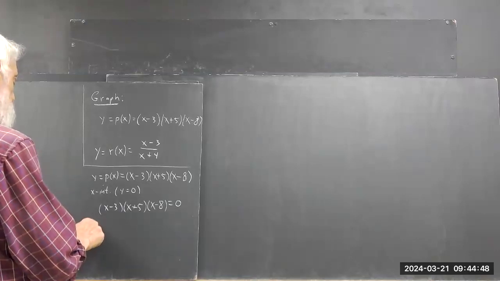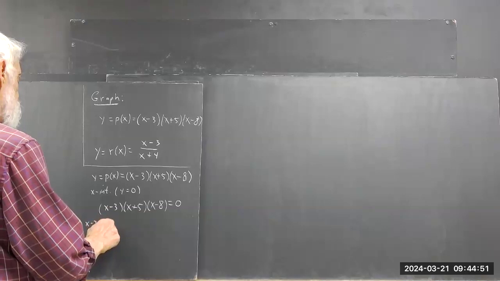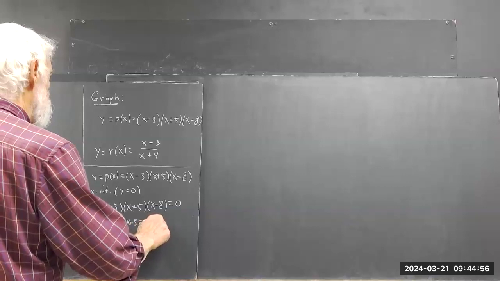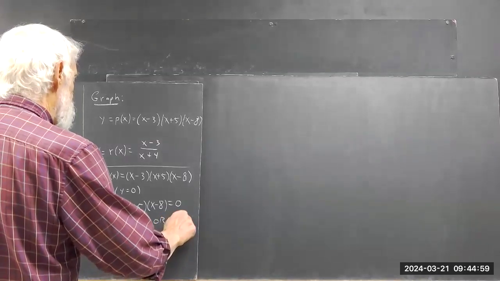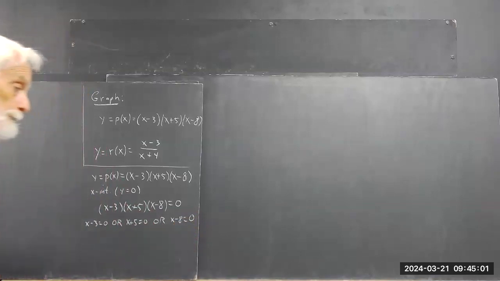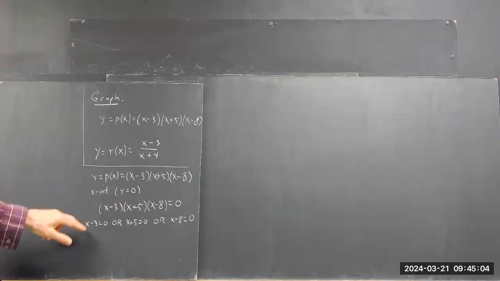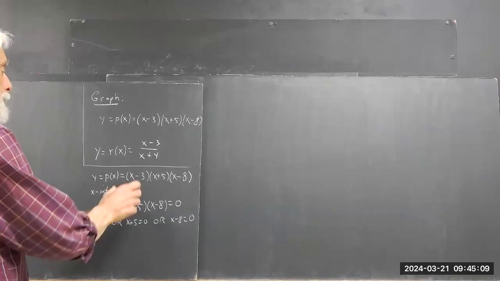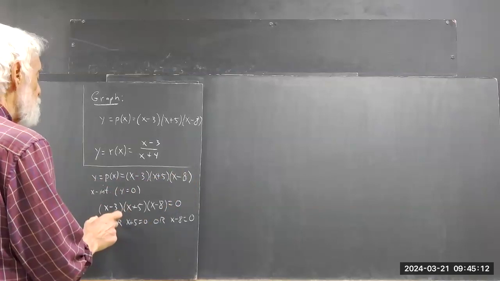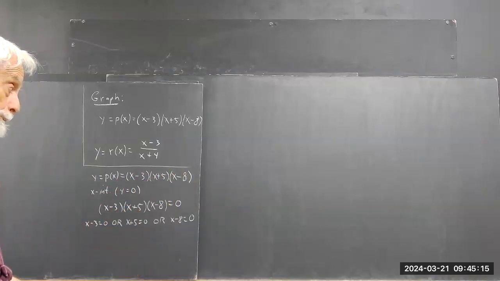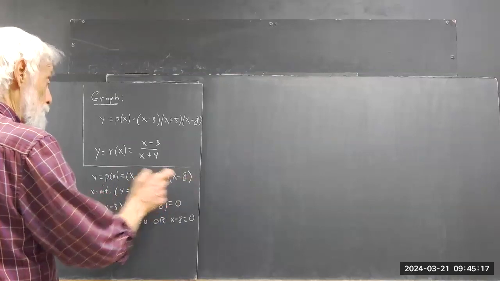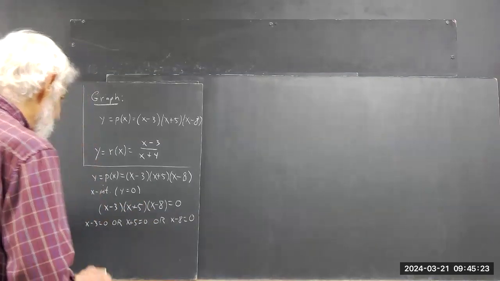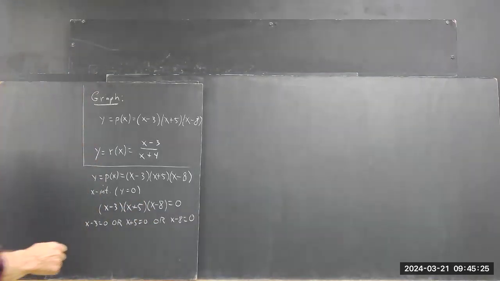You write out x minus 3 equals 0, or x plus 5 equals 0, or x minus 8 equals 0, because this reminds you of the logic of what you're doing. And then you can solve these equations. No matter what you have in parentheses here, you can write it as an equation equal to 0. Each factor in parentheses would be set equal to 0, and you would solve. So this prepares you for that possibility.